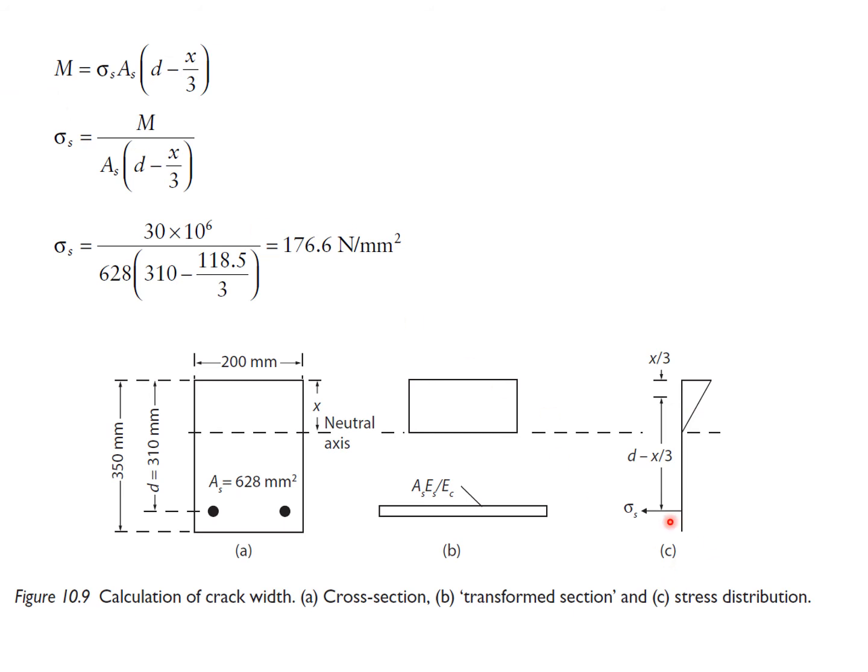So the force in the steel is going to be the stress in the steel times the area of steel multiplied by the lever arm, which is the effective depth minus 1/3 of the depth to the neutral axis. If we rearrange this equation, we can say that the stress in the steel is 176.6 newtons per millimeter squared.